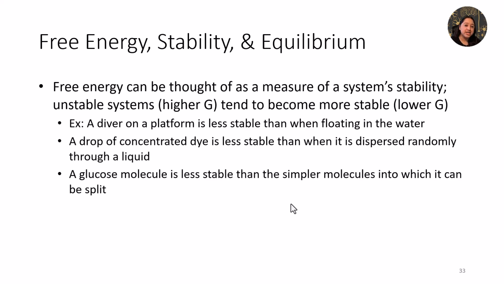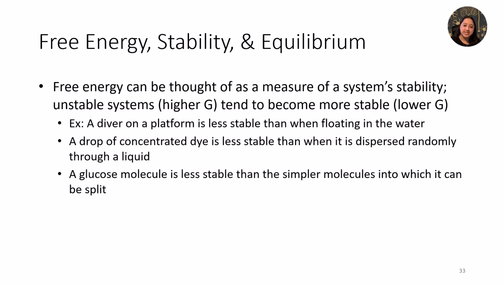So free energy can also be thought of as a measure of a system's stability. Unstable systems tend to become more stable. So if there's a higher delta G, it's kind of unstable. And then it's going to want to become more stable. So something will happen to lower the free energy.